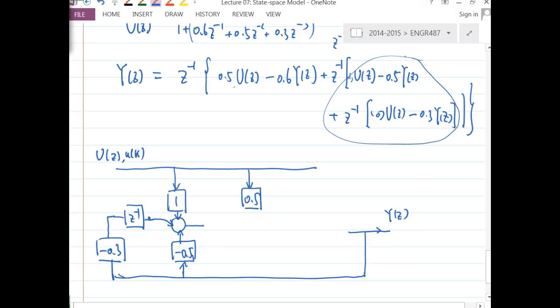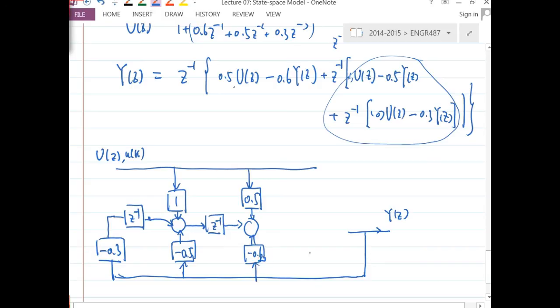And after this one, it gives another delay. So this delay here is this delay. That delay is added to these two pieces by feeding back this one here, negative 0.6.